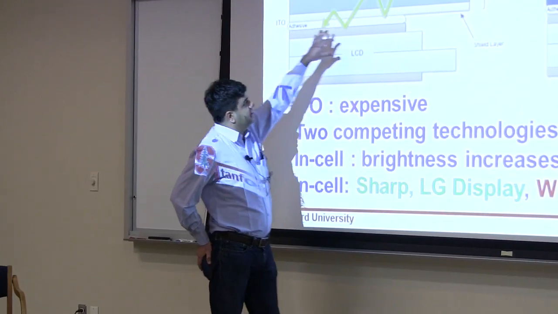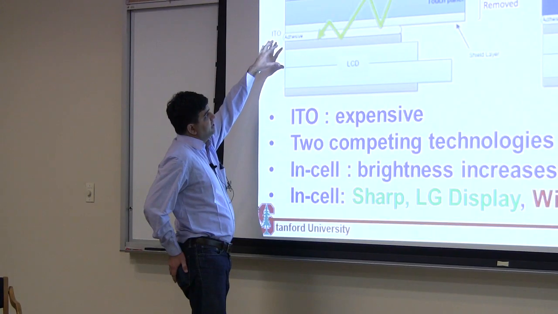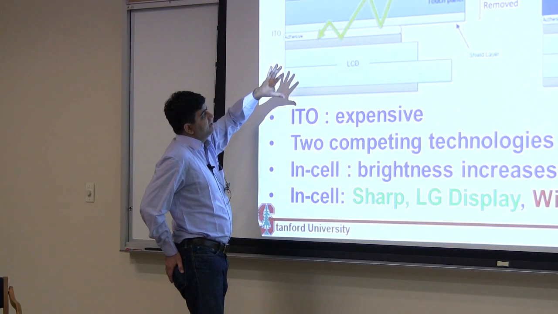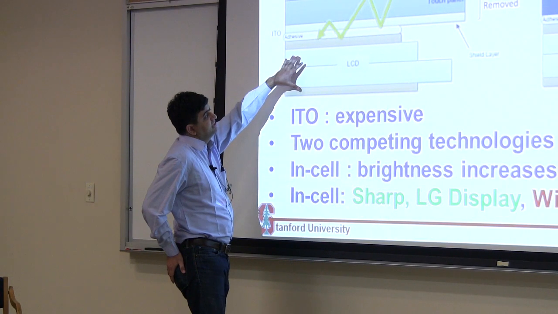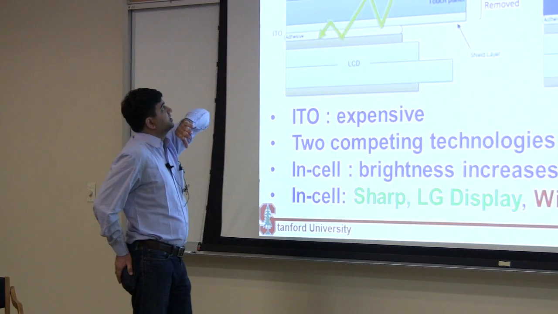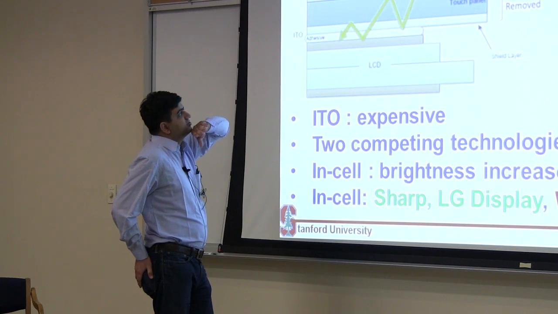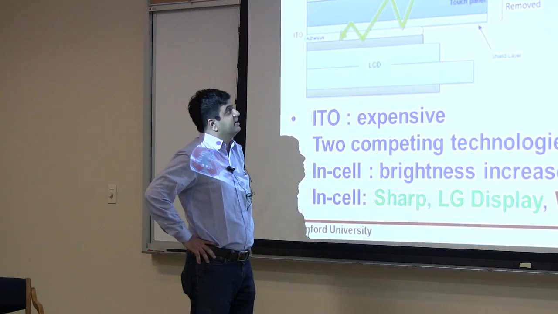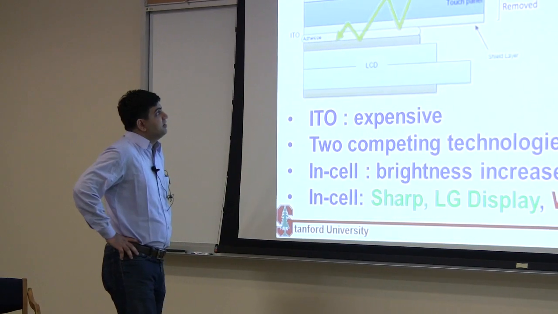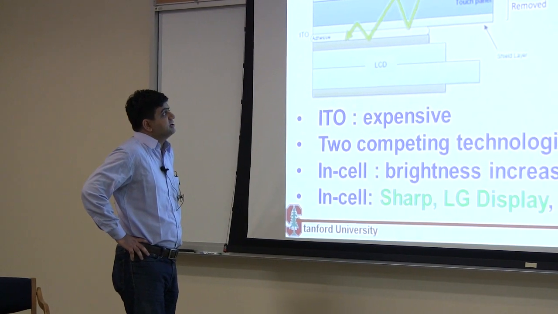Initially, there was air in here. They got rid of the air, and then they started to laminate the touch screen directly on top of your LCD. And on the top, always there's this cover glass. It's also called Gorilla Glass because it's made by only one company which makes this Gorilla Glass for all your touch devices.